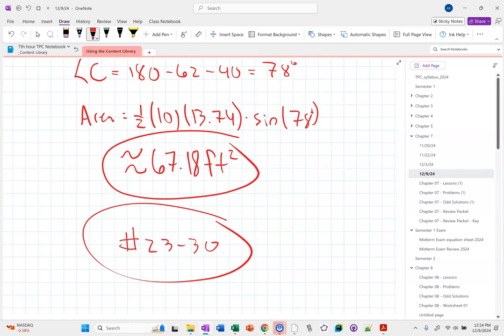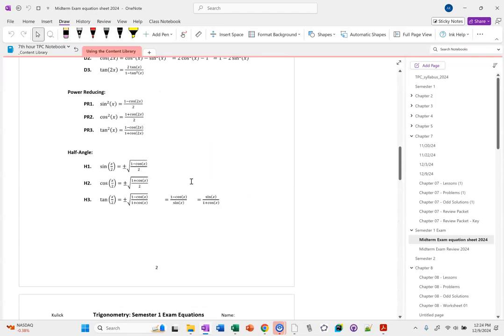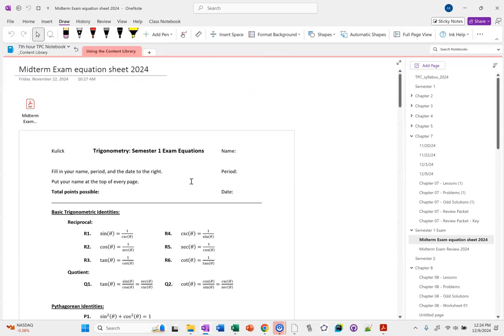So the exact equation sheet that I'm going to give you is here in the OneNote, and you can see exactly what's on it, what it looks like, and what you're going to get. Anything not on there is your responsibility, either to memorize or make sure, if you need it for a particular problem, that it's on your review. You're welcome to write formulas and such on your review if it's relevant to the problem you're working on.